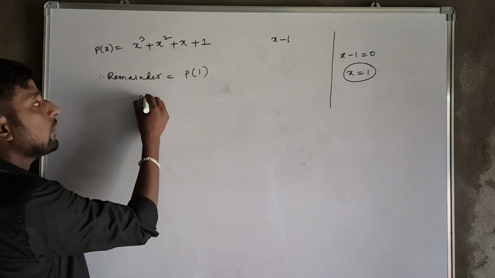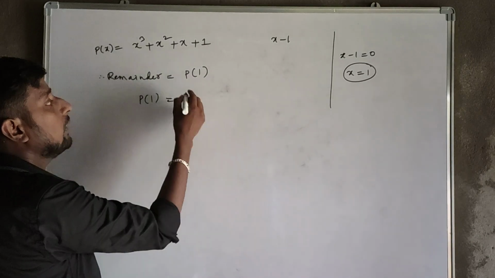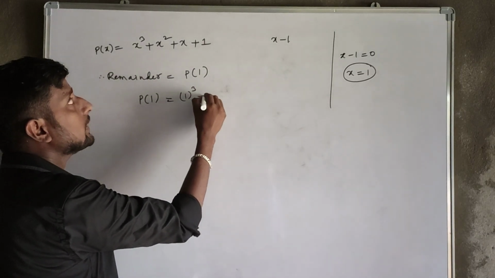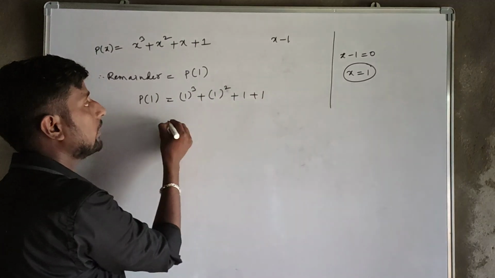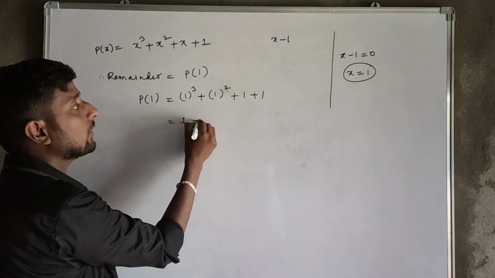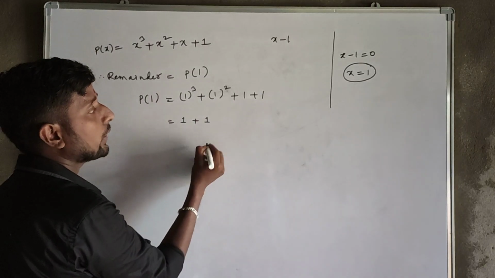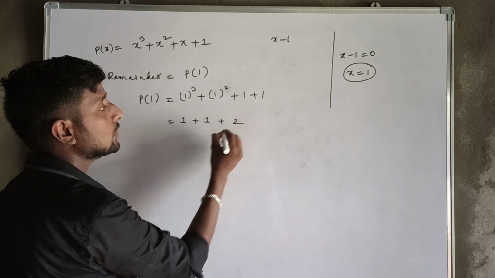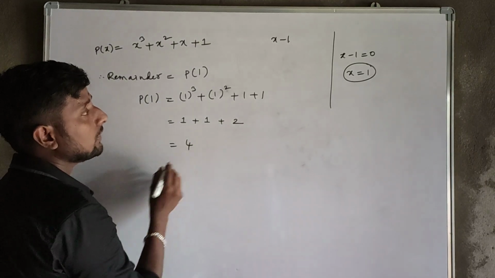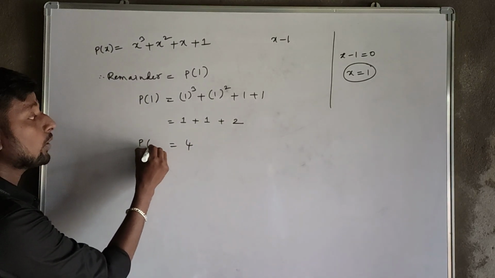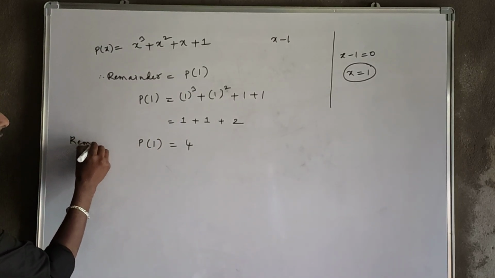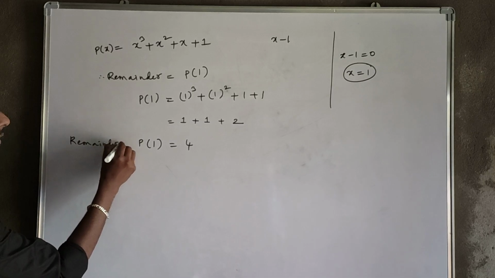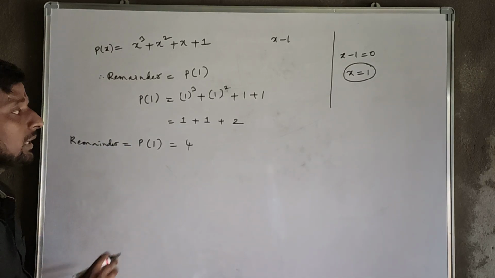So p of 1 is equal to 1 cube plus 1 square plus 1 plus 1. 1 cube is nothing but 1, 1 square is nothing but 1. So 1 plus 2 is 2, so overall the answer is 4. P of 1 is 4. P of 1 is the remainder, and the remainder value is 4.